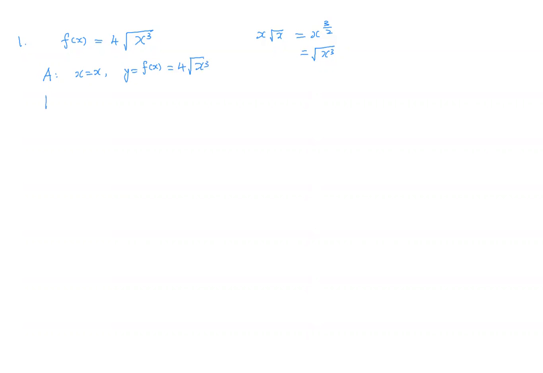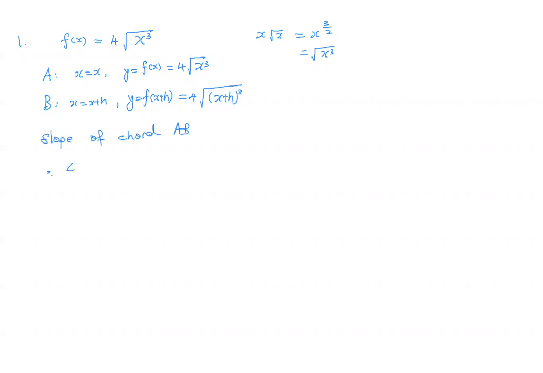Your point B, x is x plus h, so y is f(x plus h), which is 4 times square root of x plus h cubed. Don't expand, don't do anything first. So you find the slope of chord AB.